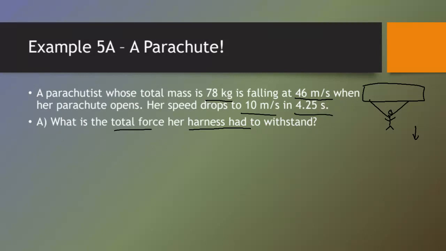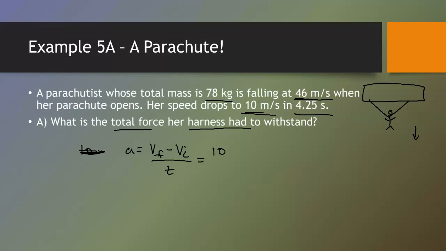So all we need to know is how much acceleration the parachute applies. To do this, we have the initial velocity and the final velocity of the parachute, 10 meters per second. To find the acceleration, it's the final velocity minus the initial velocity, divided by time. We know the time as well.